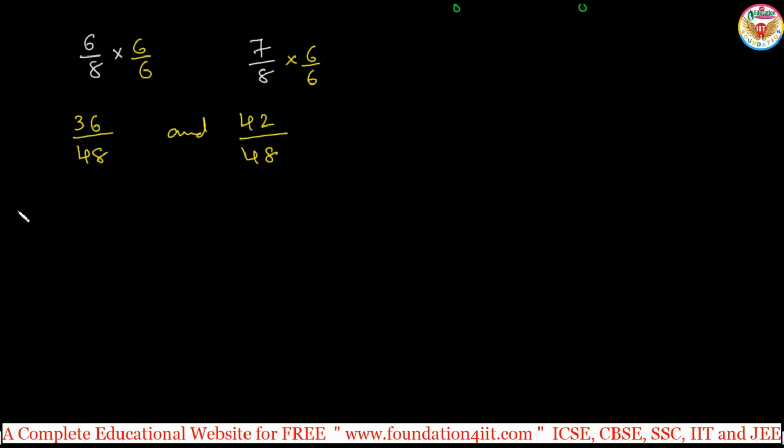So the required rational numbers between them are 37 by 48, 38 by 48, till 41 by 48 we can write.